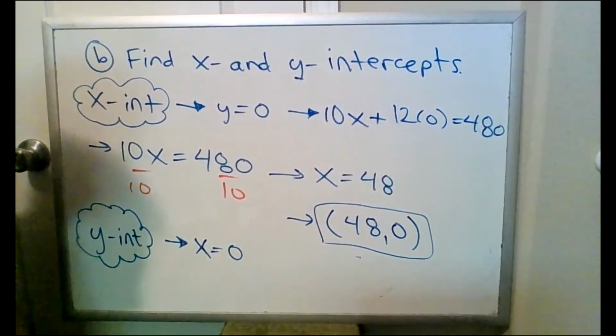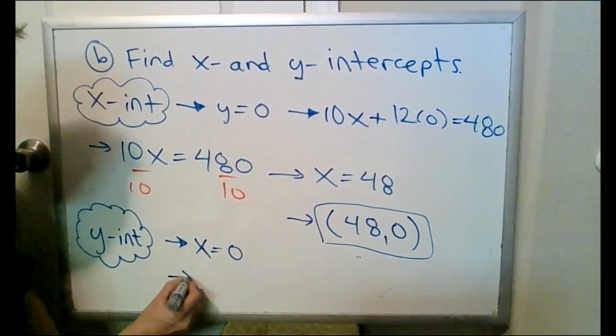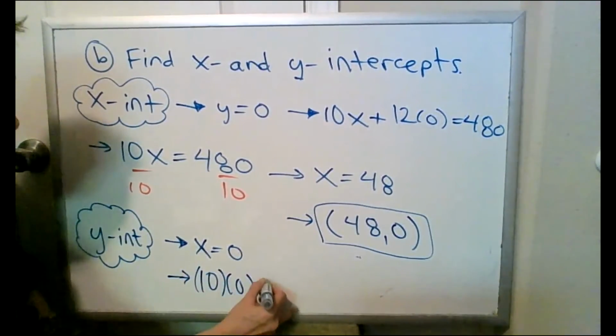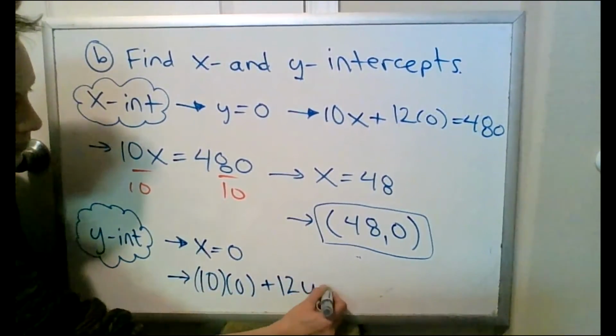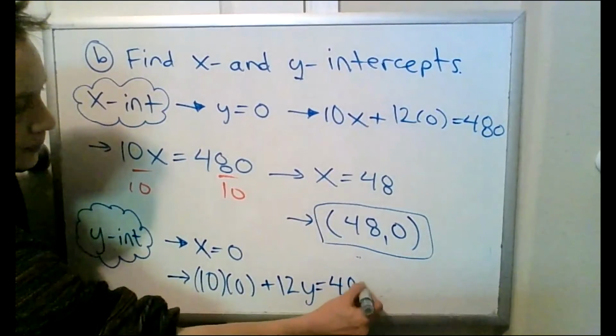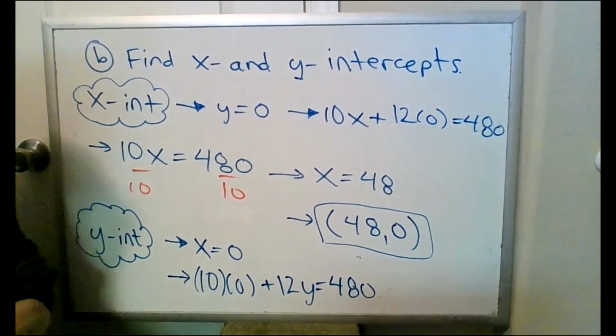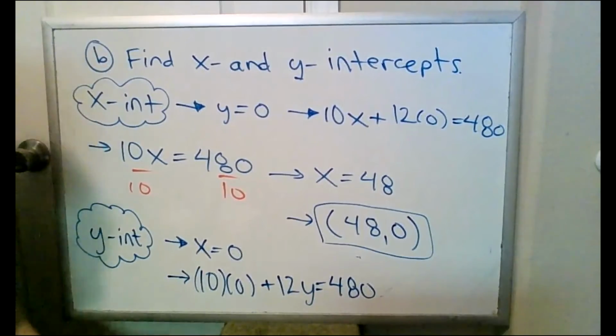We've got 10 times 0 plus 12y equals 480, so 12y equal to 480.